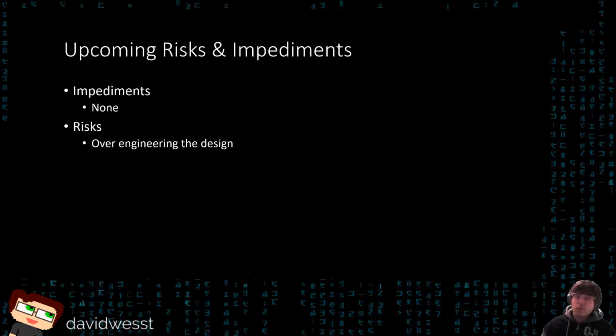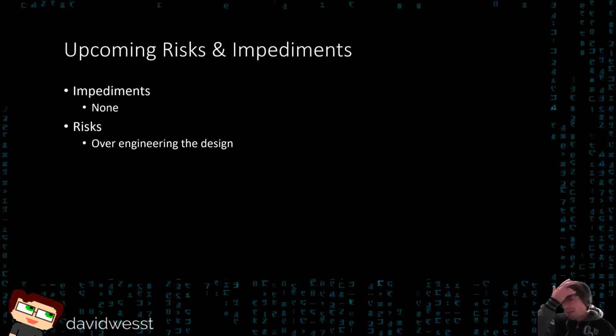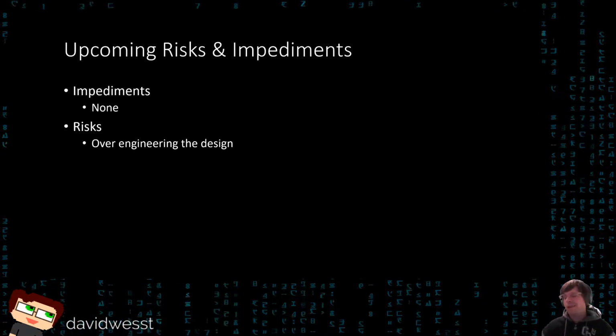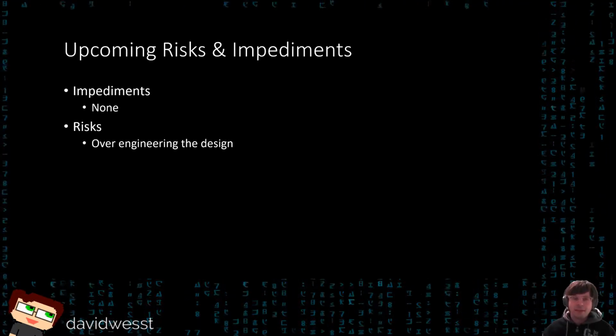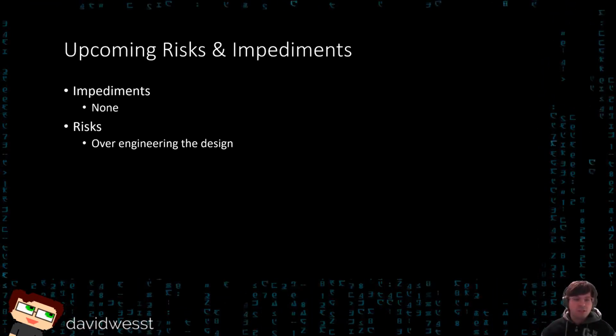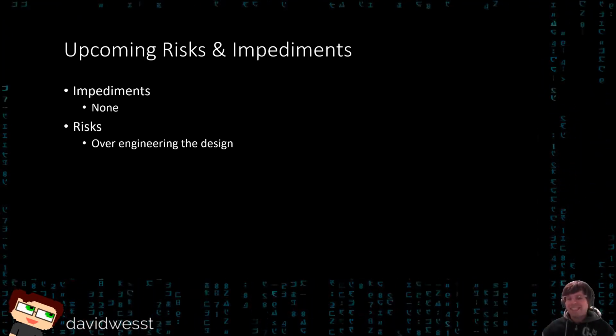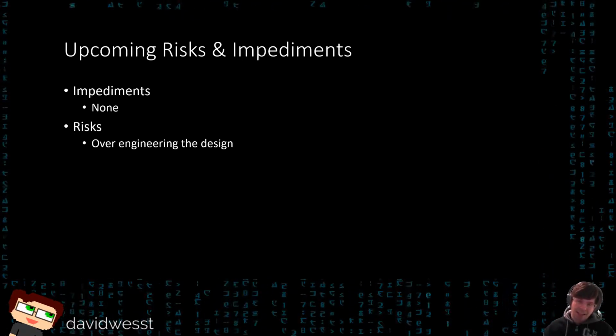In terms of risks and impediments, I don't see any impediments coming this week. I slept well this weekend, caught up on the problems I was having last week. So day job's going to be there, but that's always there. So I don't think there's any serious impediments coming, and that's good. On the risk side of the house, I think I have been over-engineering the design.